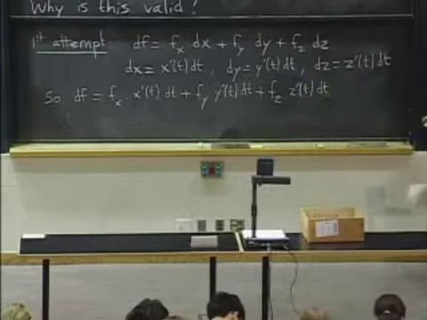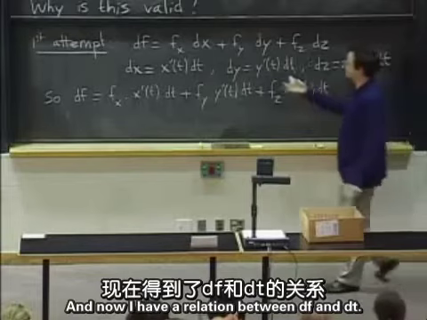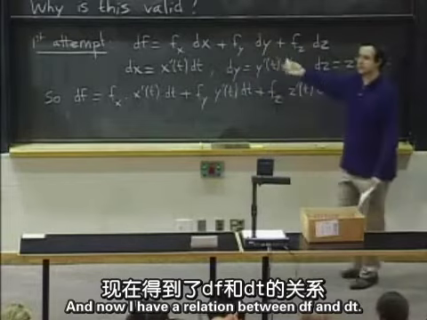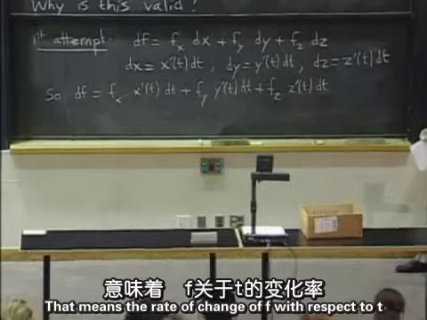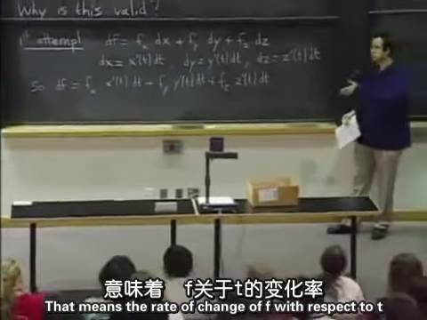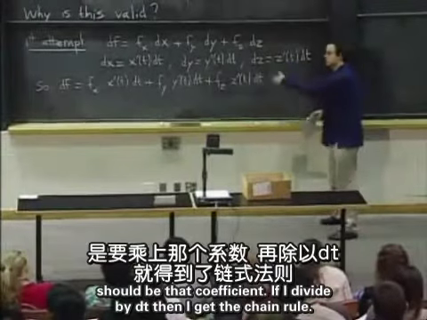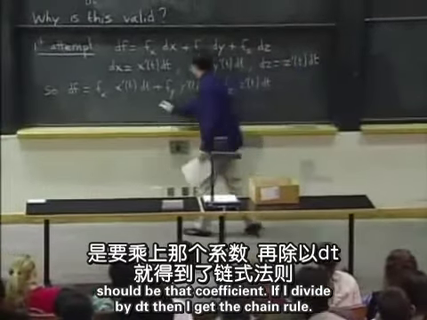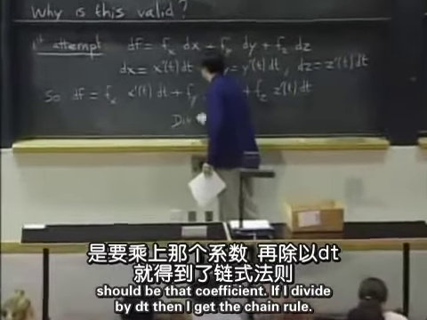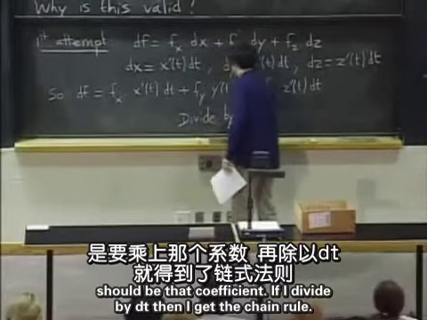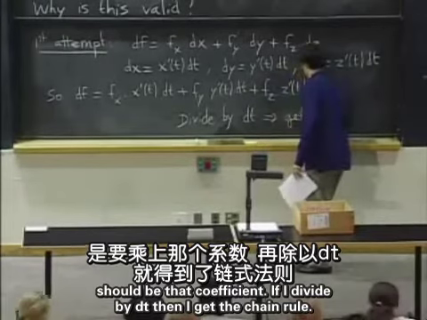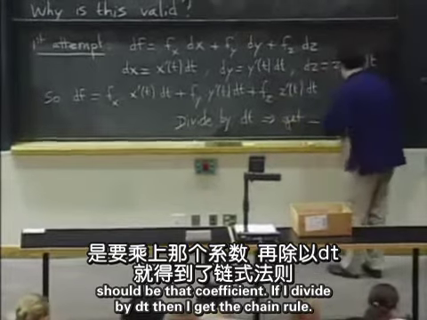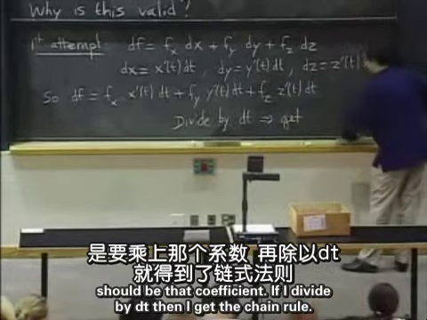And now, if I have a relation between df and dt, see, I got df equals something times dt. That means the rate of change of f with respect to t should be that coefficient. So if I divide by dt, then I get the formula, well, I get the chain rule.